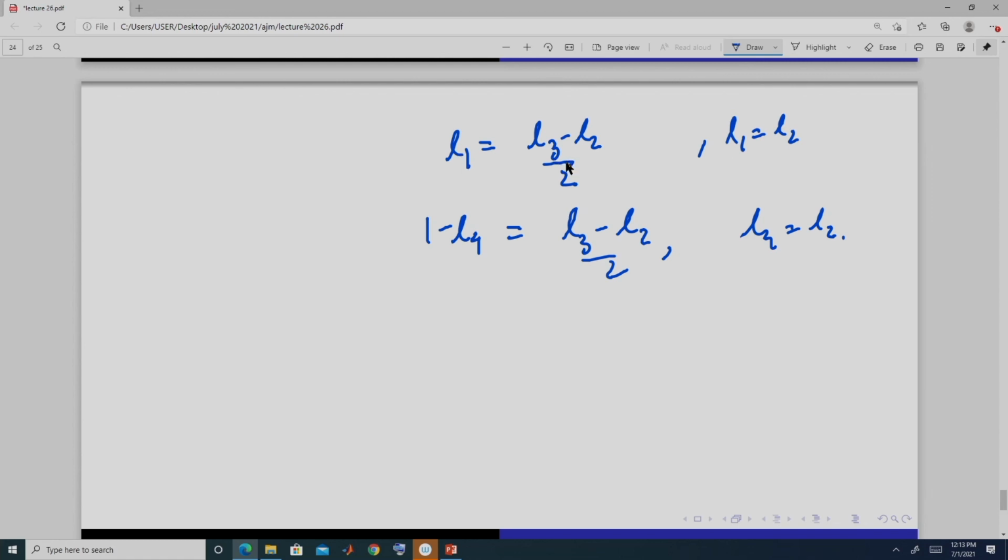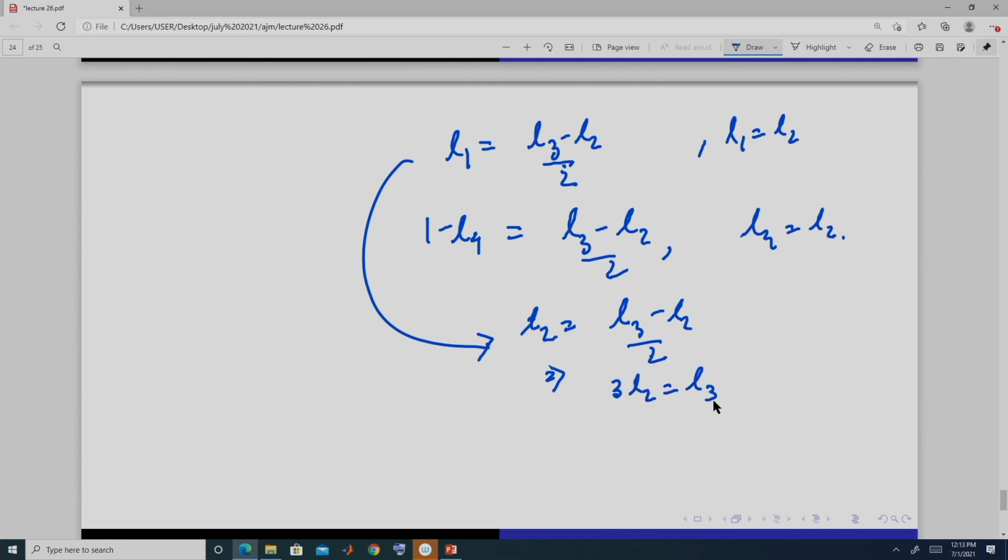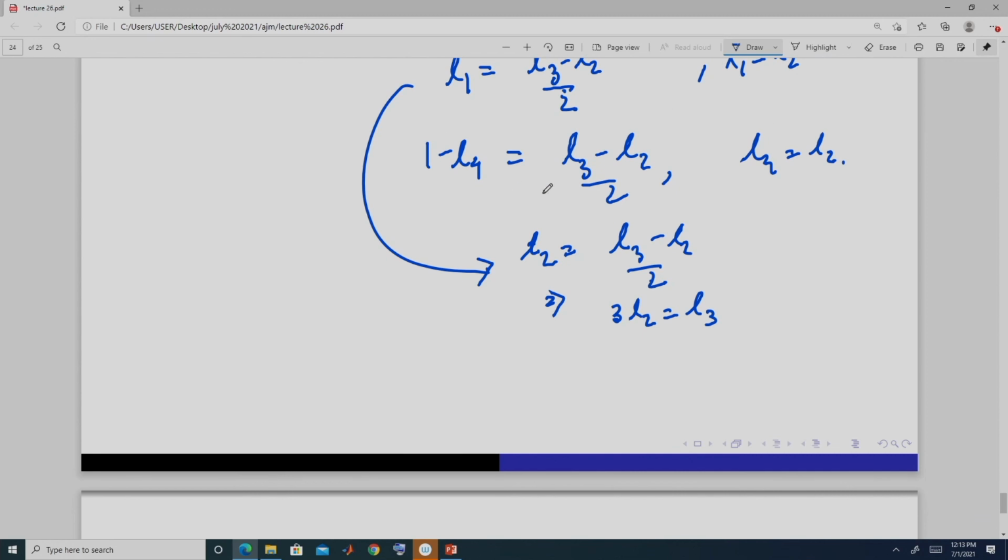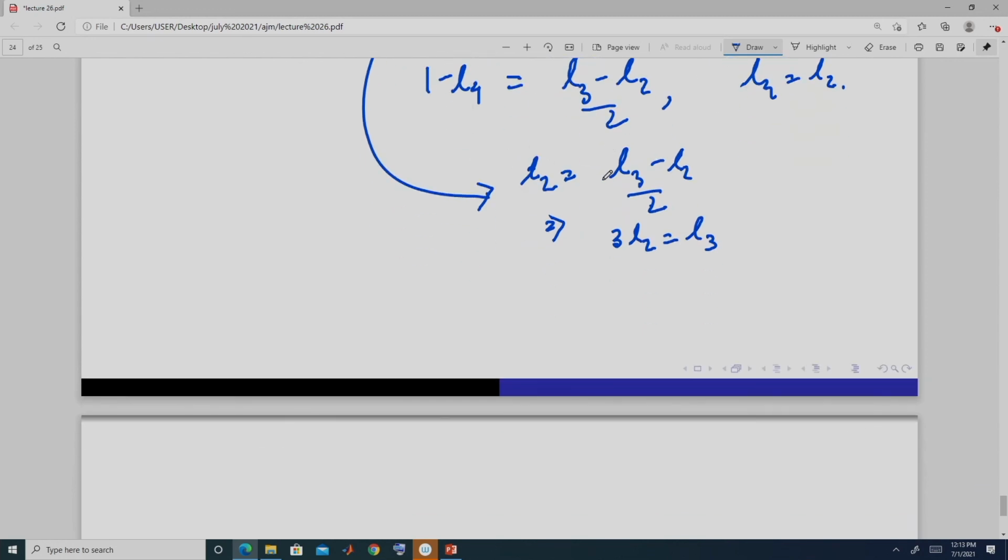So, L1 is equal to L2 from this. So, L2 should be equal to this from this here. So, this gives me this, and from here L3 and L4 are same.